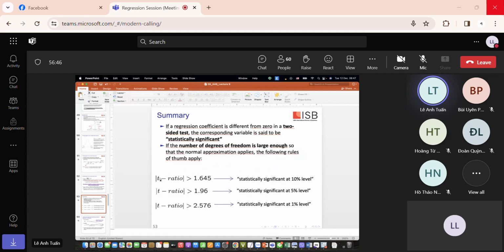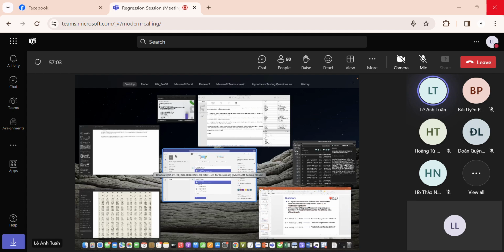And for the hypothesis test of the regression coefficient, the t in the t statistics in the MegaStat result is to test whether the coefficient is different from zero, in a two-sided test. I already showed you.